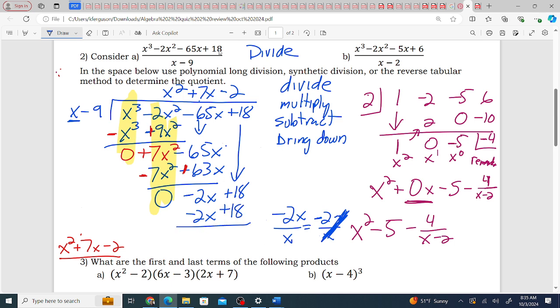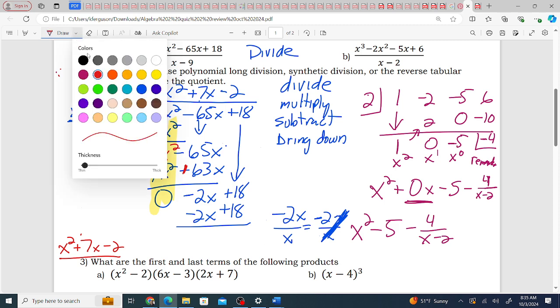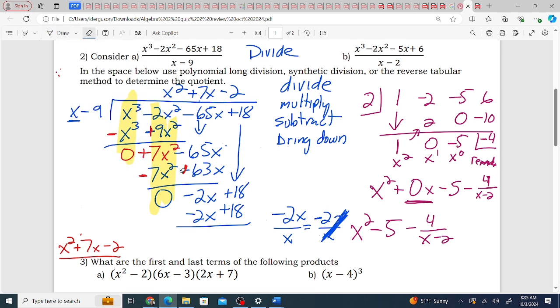So now that I got that, I'm at the subtraction step, which means I change my signs. The negative is going to become a positive, and the positive is going to become a negative. And then I combine. Negative 2x and positive 2x gives me what? 0. So now my third column is zeroed out.